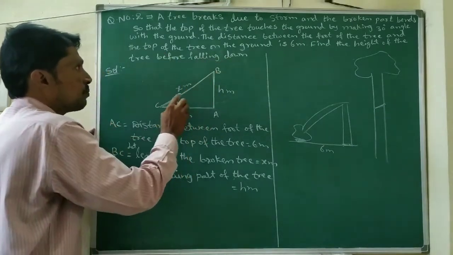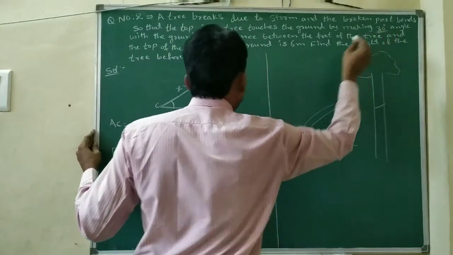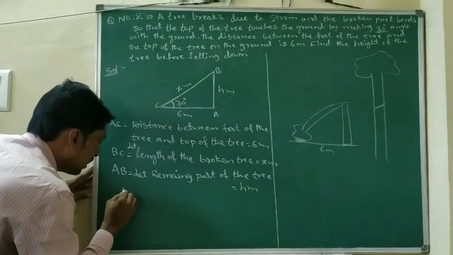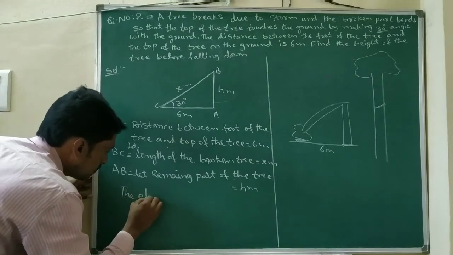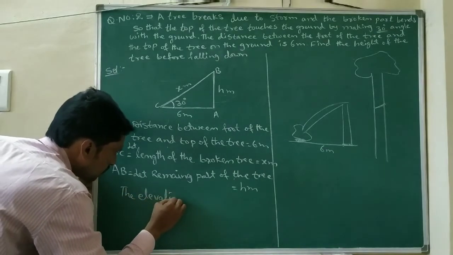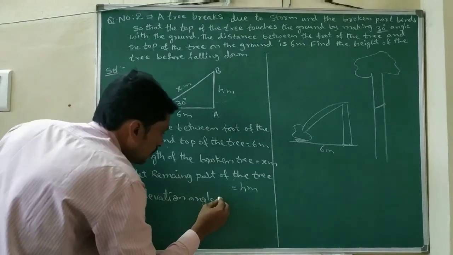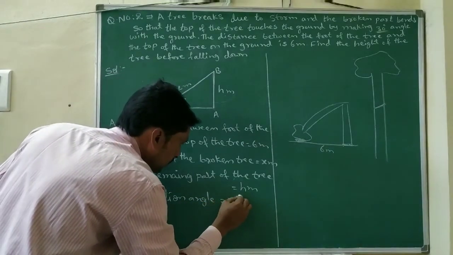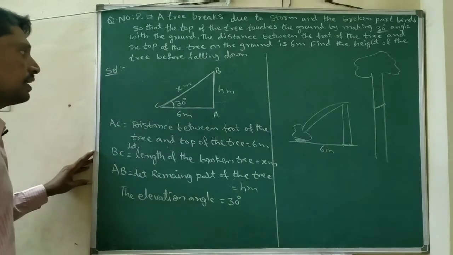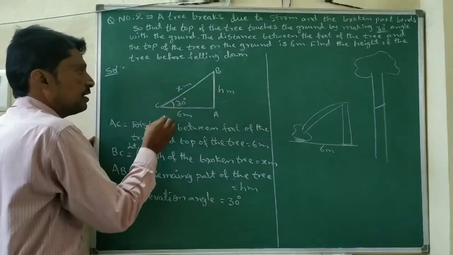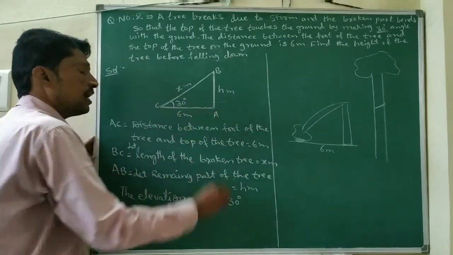How much angle is it making? 30 degrees. So the elevation angle equals 30 degrees. Now here AB is the opposite side, AC is the adjacent side.